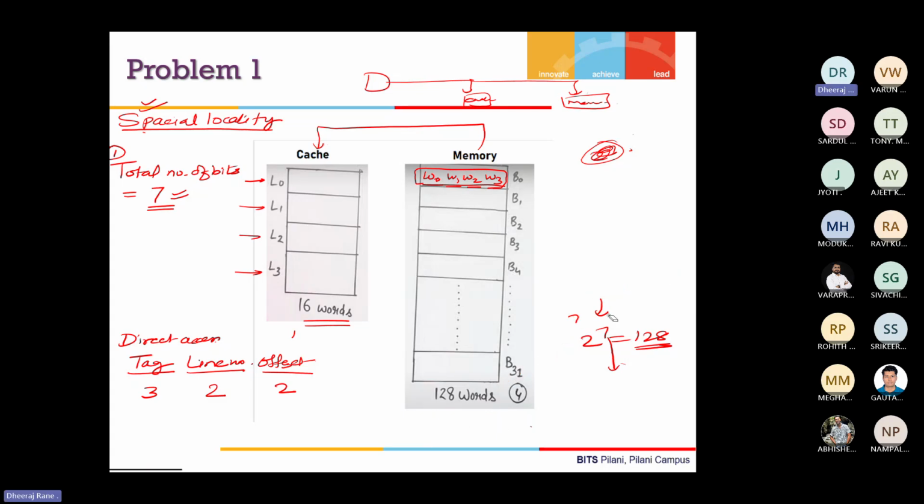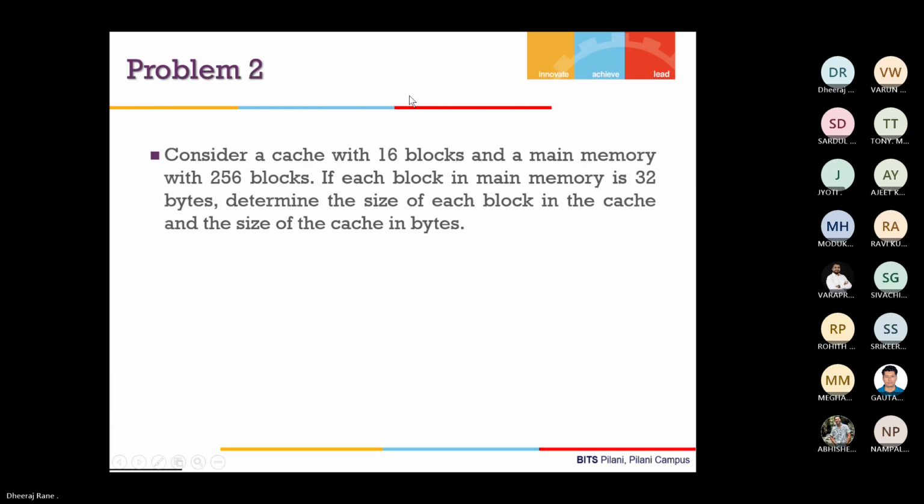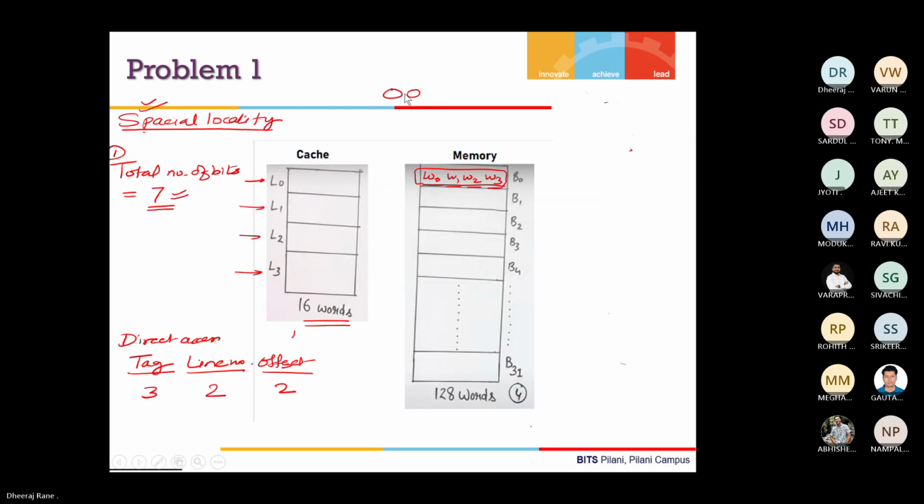So what does it mean? We will have an example. This is just for having an example, right? Altogether you never have a 7 bits case. Okay, so suppose there is an address, say 001, all right, 001, then 1011, right?